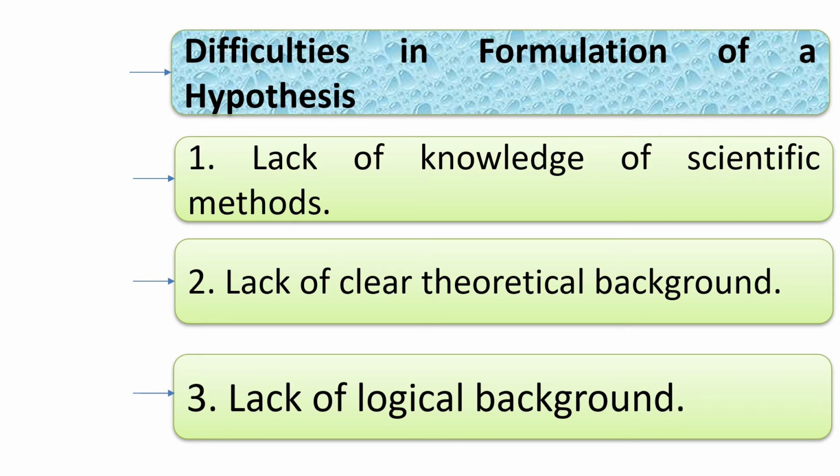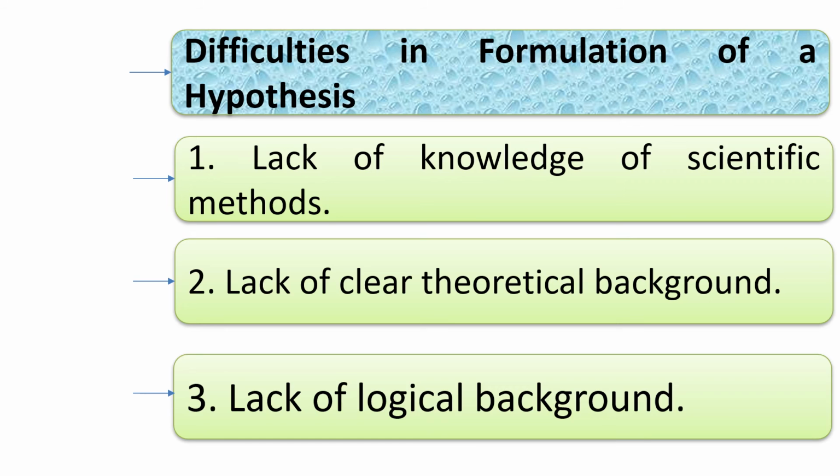The first point is lack of knowledge of scientific methods. The lack of scientific knowledge presents difficulties in the formulation of hypothesis. It is not always possible to have complete information and knowledge of the scientific methods for formulation of hypothesis.